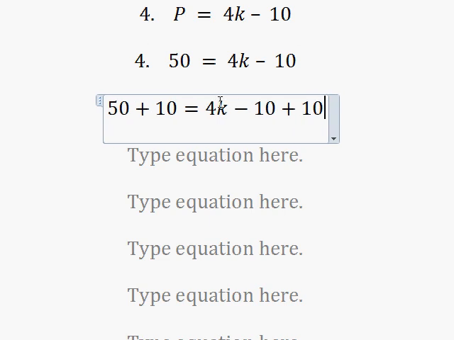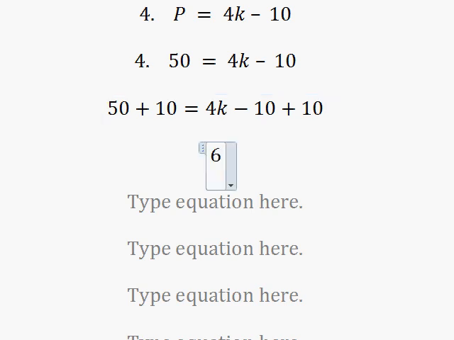And now we've added 10 to the right expression to get rid of this minus 10. From here, simplify. 50 plus 10 is equal to 60. 4k minus 10 plus 10 leaves you with 4k plus 0, or a simpler way of saying that is simply 4k.